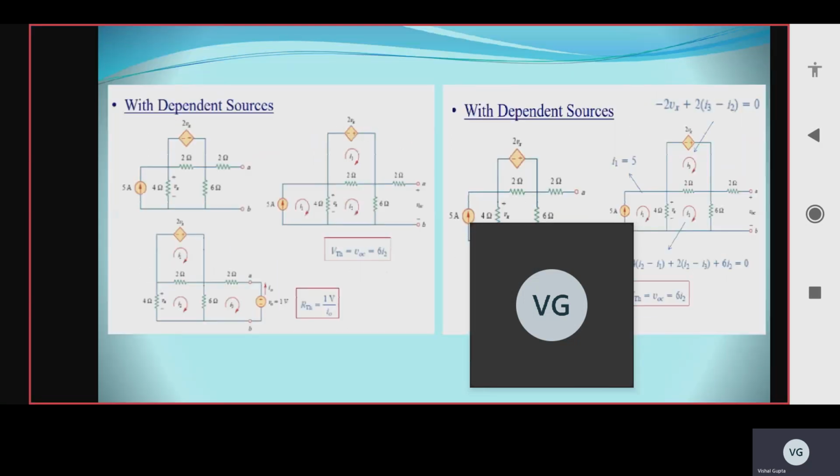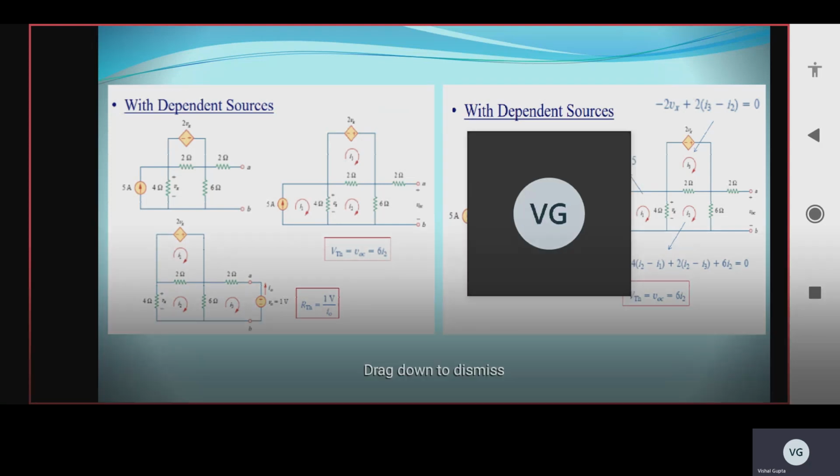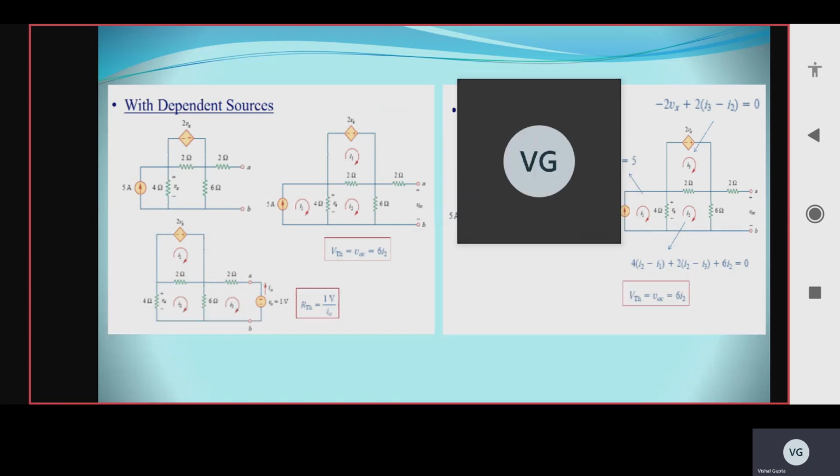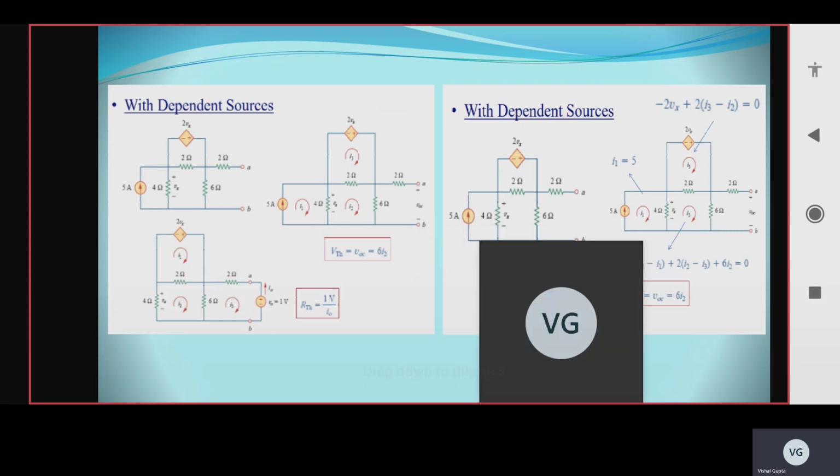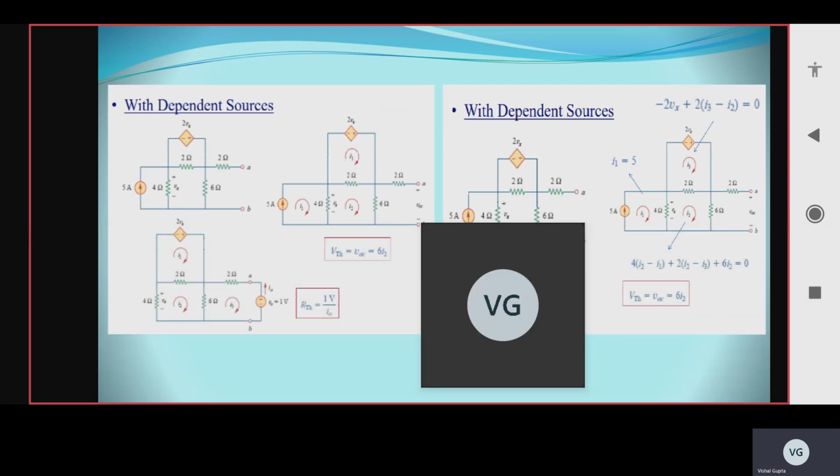Second is dependent sources. In dependent sources, current will depend on voltage, and voltage will depend on current. So this type of question will be solved in a complex way, so it will take time.